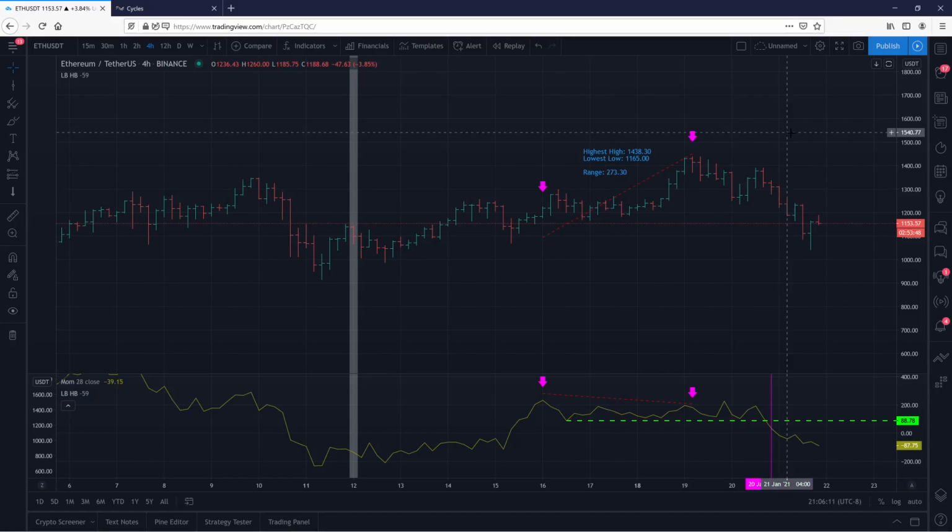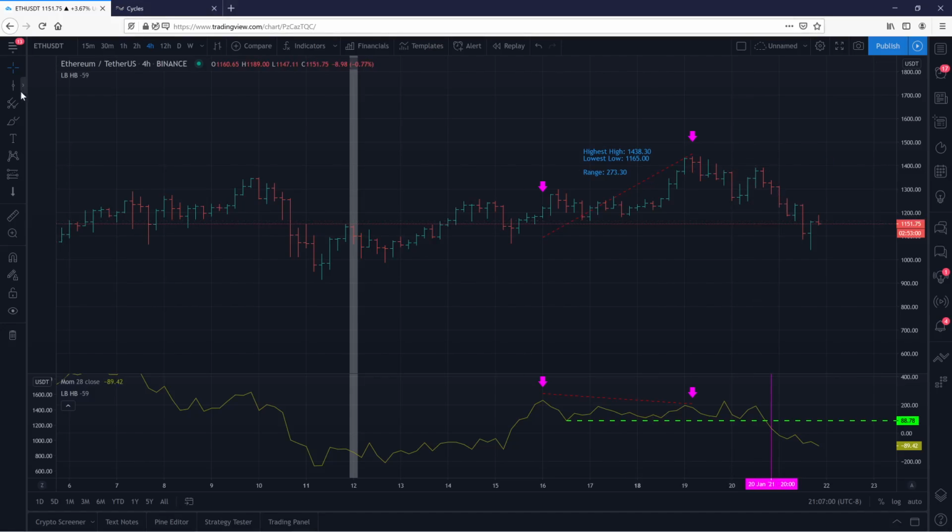To find your profit targets, the first target is half of this range subtracted from the open, and the second target is the full range subtracted from the open.